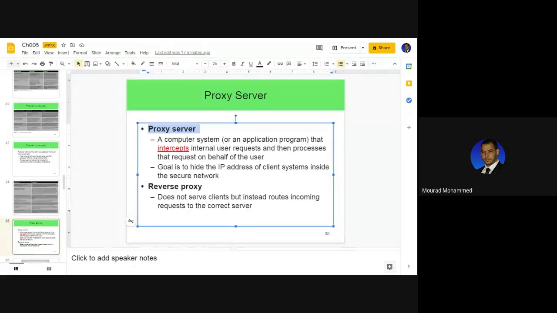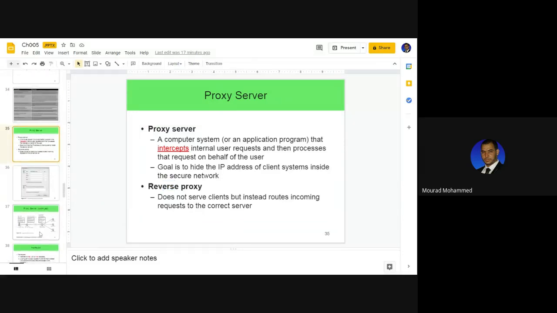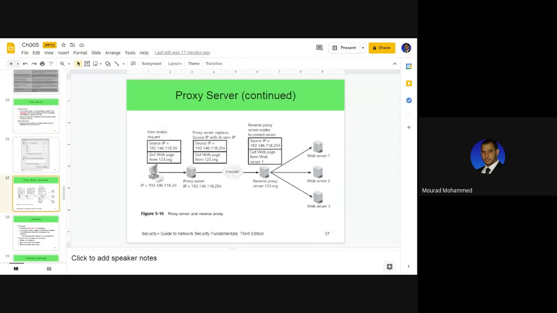We'll talk about the proxy and the reverse proxy just now in a graph. Let me just show it to you. Here it is. We have an original device with its original ID. The proxy server will make an alias, a fake ID, here an IP address, to match the device internally.